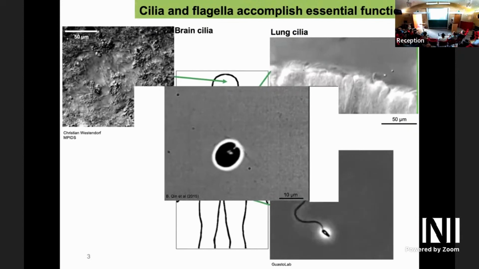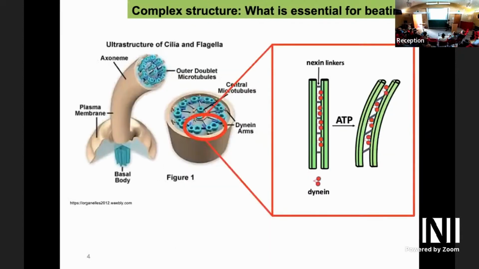The reason for this is that it doesn't matter if we are talking about the flagella of Chlamydomonas or the cilia in the brain, they basically share the same structure. That is the basal body that links them to the cell, and then they protrude in the extracellular space, and they have this framework made of microtubules.